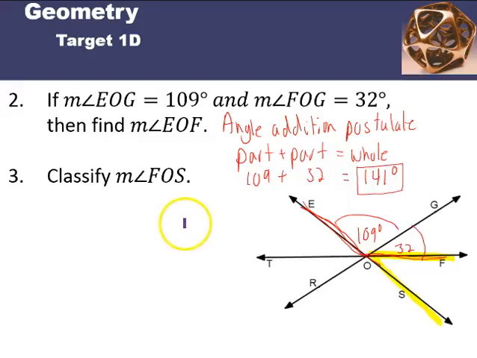So remember, I need a pen. So acute is less than 90. Obtuse is more than 90.